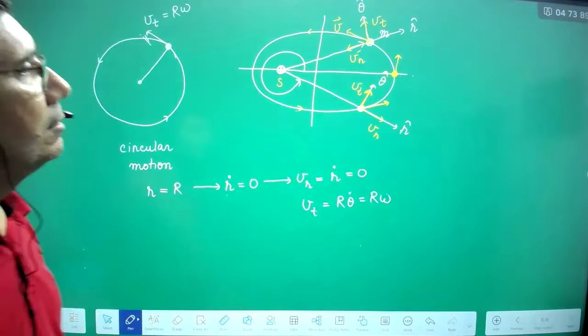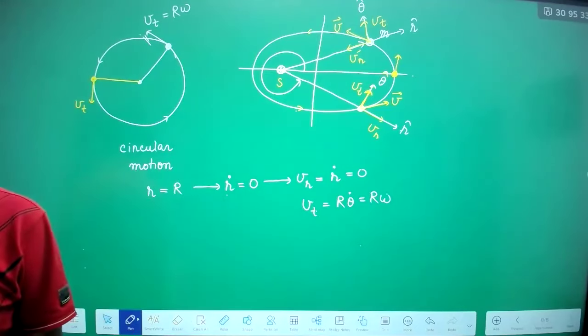If the motion is circular, then theta cap will be the other side. In the circular case, VT is always tangential, so we call it tangential velocity, but you can call it transverse velocity.